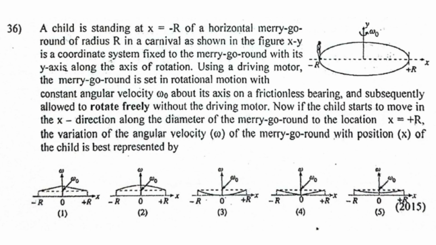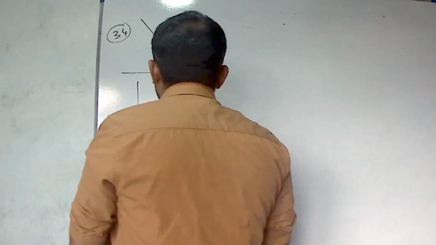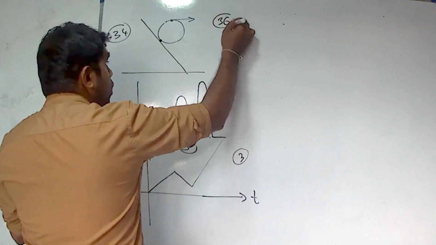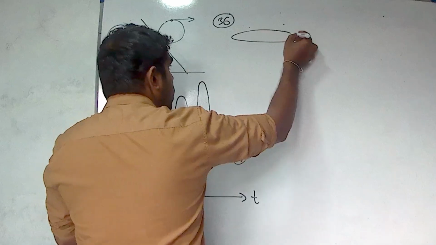Now, if the child starts to move in the x direction along the diameter of the merry-go-round to location x equals plus r, the variation of the angular velocity omega of the merry-go-round with position x of the child is best represented by? We know that it is rotating with a constant angular velocity.